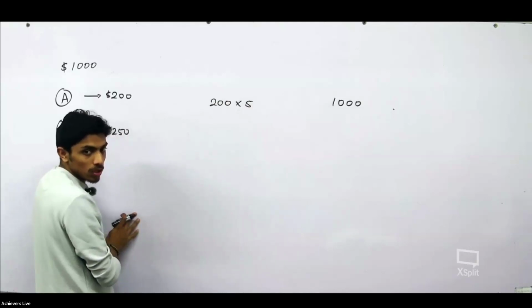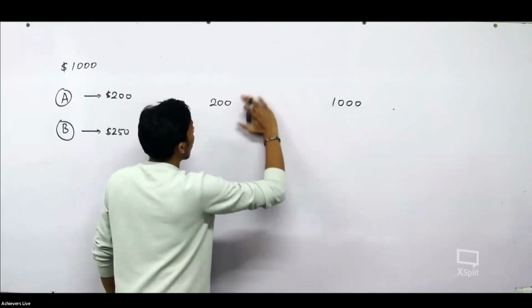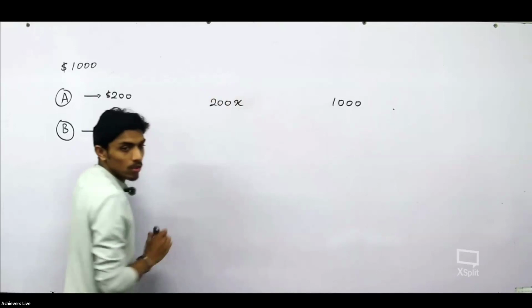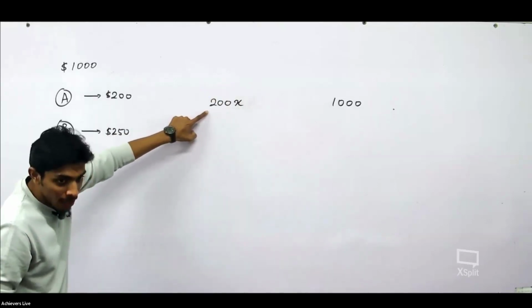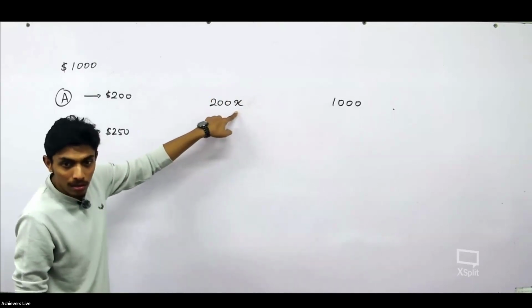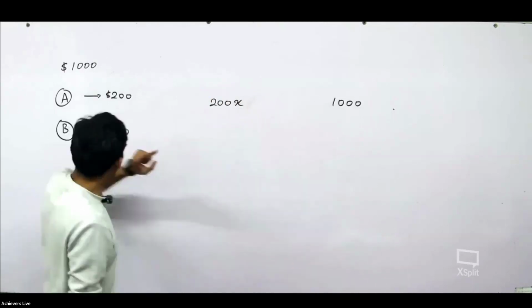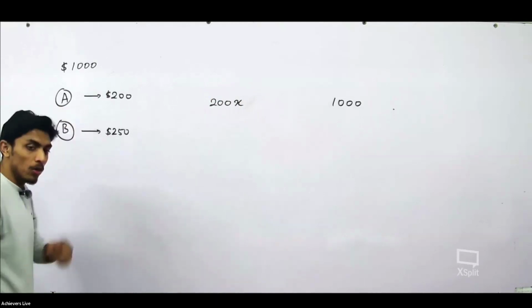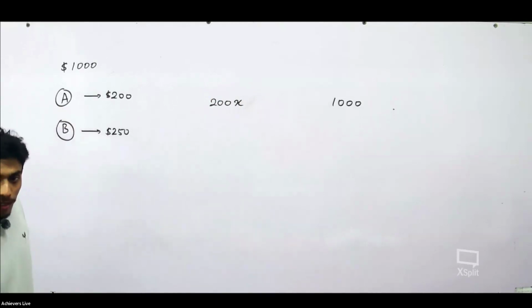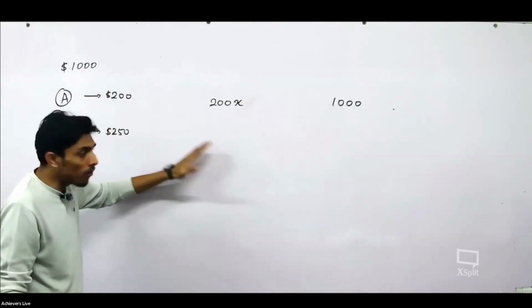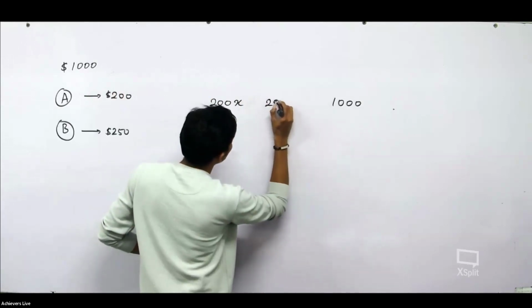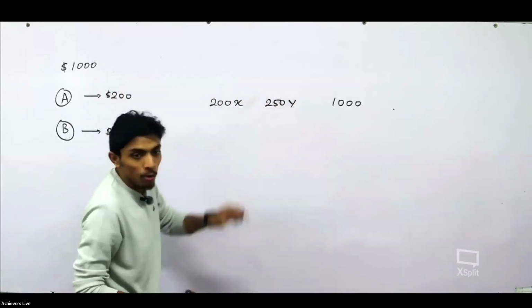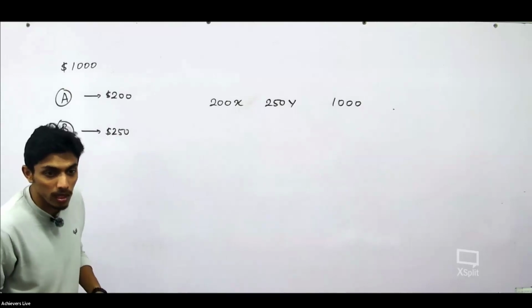Yes or no? Then 200x units. One costs around 200, you have to find how many x. If you are purchasing only B, how many units you will buy? 4. Which means 1,000 divided by 250, then 250 into 4 will give you the cost of 1,000. Yes or no? Then it is 250y. You have to find how many y's. One is costing around 250.